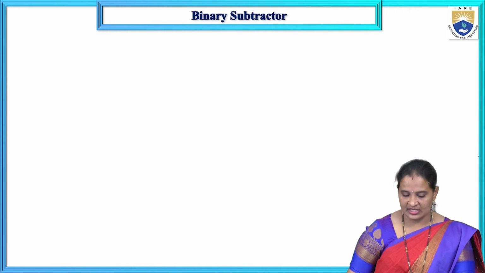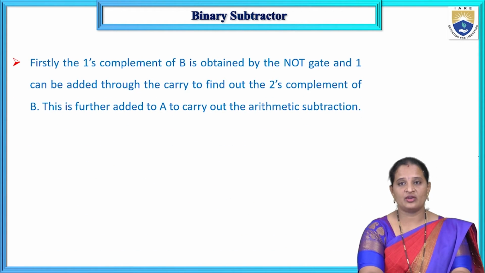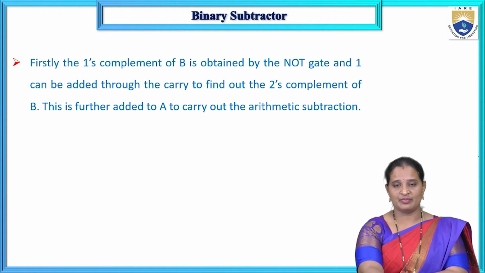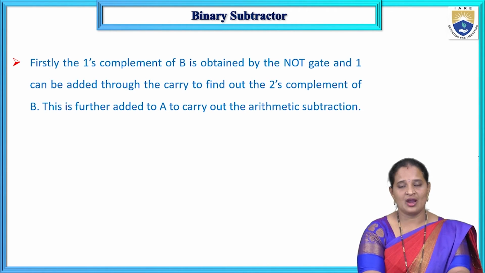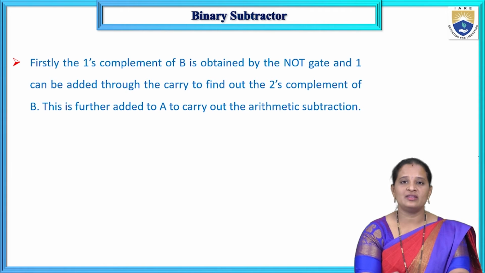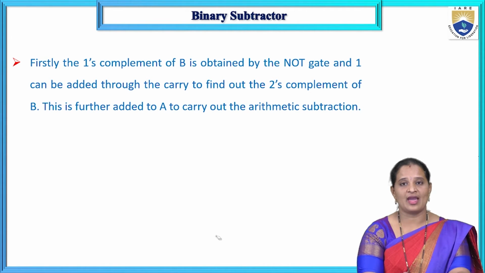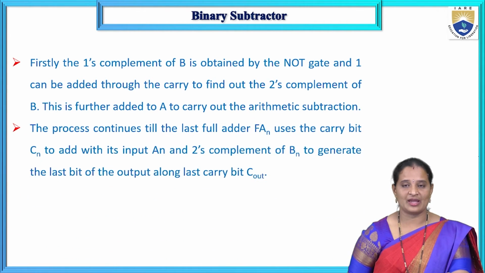Okay, so the 1's complement of B is obtained by using a NOT gate, and a 1 can be added through the carry to find the 2's complement of B. This is further added to A to carry out the arithmetic subtraction.